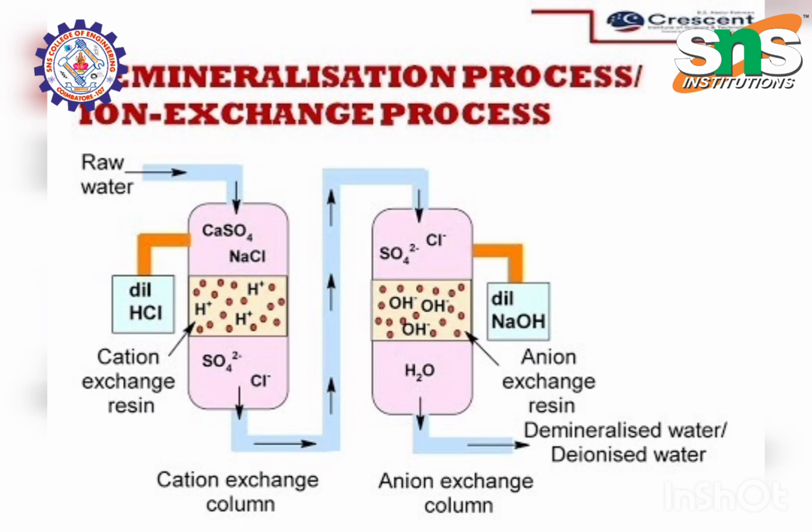If iron or manganese is present in the hard water, the turbidity increases in the ion exchange process, so that it cannot be filtered. And the equipment used in the ion exchange process is very costly. Also, more expensive chemicals are needed to remove the cations and anions. So these are the disadvantages of the ion exchange process.